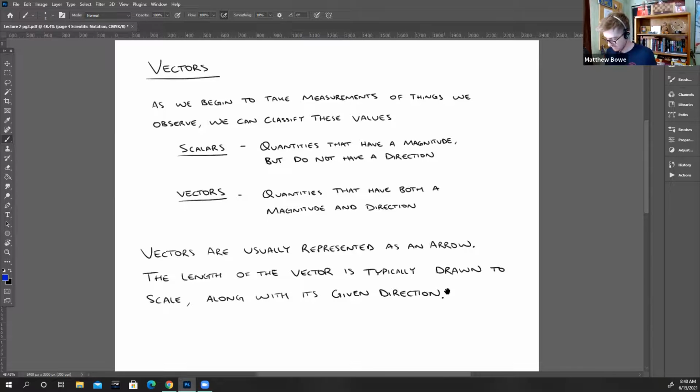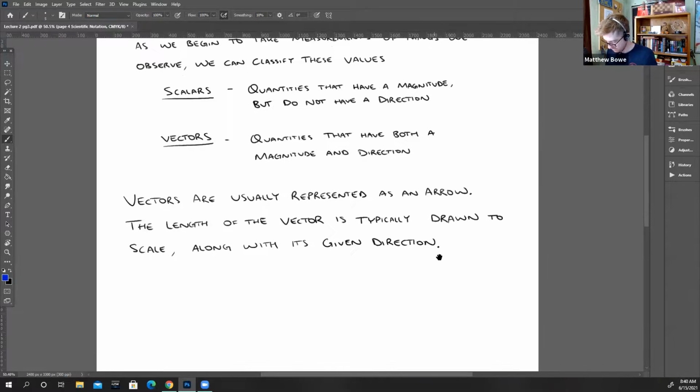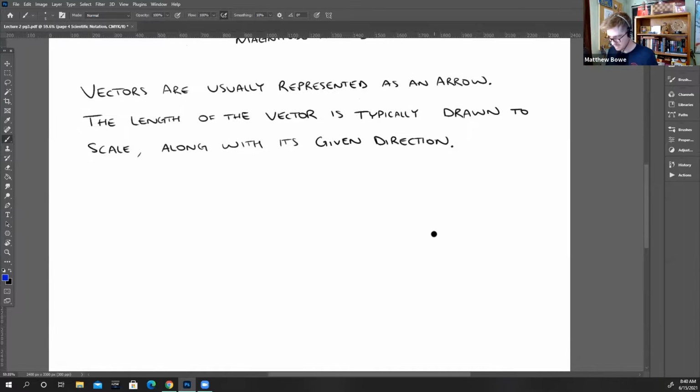Okay, so I believe what I was going to put like this for this example was something that just has a size. So think of the length of a bar or something, a metal bar.